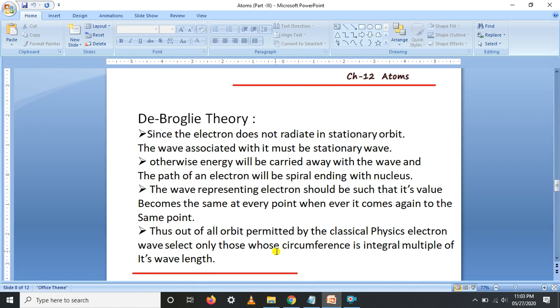In a string, standing waves are formed when the total distance traveled by the wave down the string and back is one wavelength, or two wavelengths, or any integral number of wavelengths.